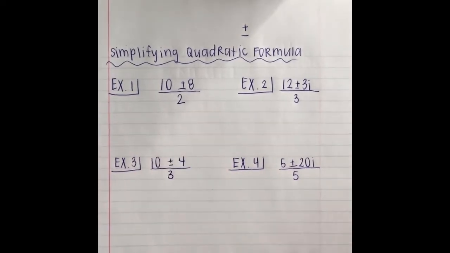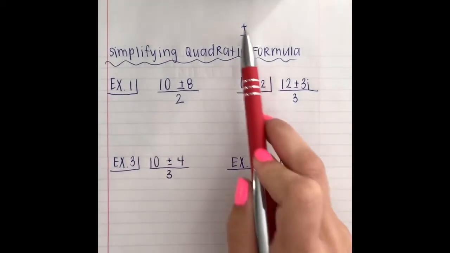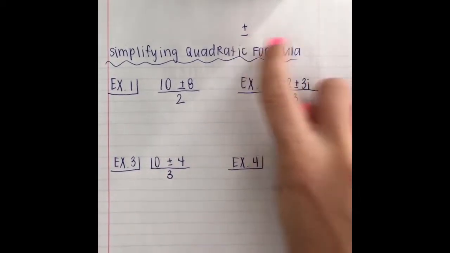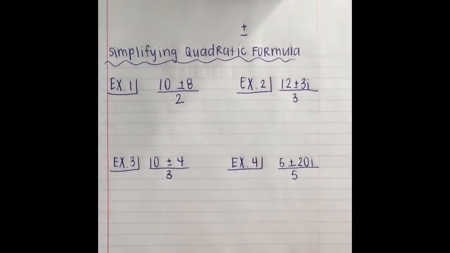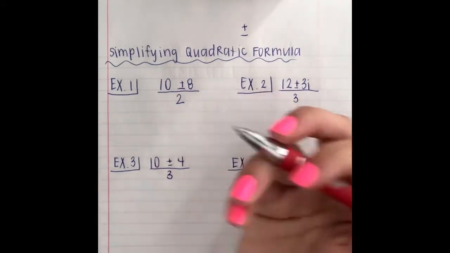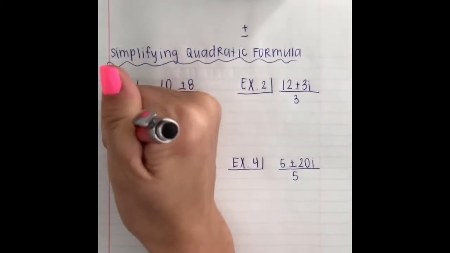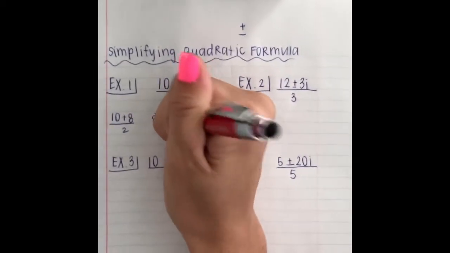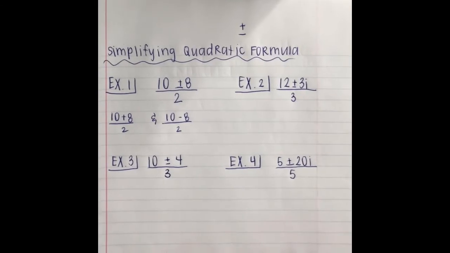So 10 plus or minus 8 divided by 2 means you solve it once with plus and then once with minus, okay? So let's take a look at what that would mean. That would mean you have 10 plus 8 divided by 2, and then you also have 10 minus 8 divided by 2, okay?